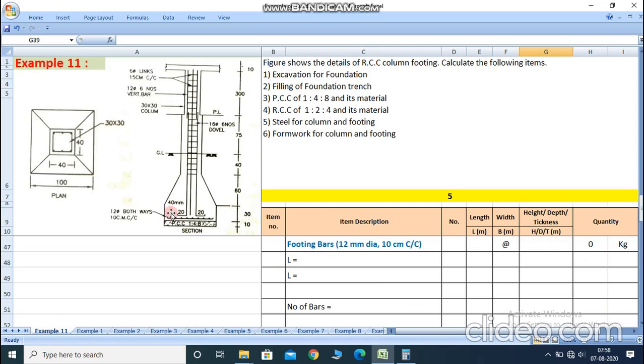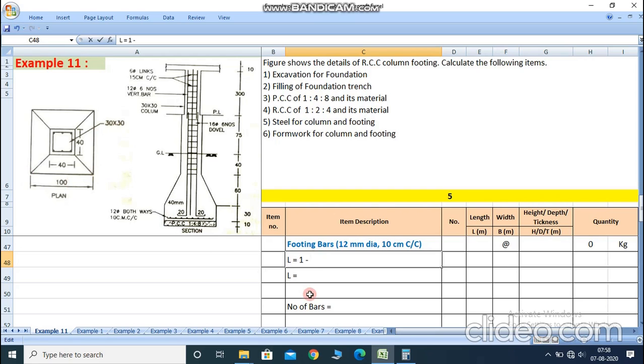So for finding out the footing of the bar, first we calculate the length of the bar, and then after we calculate the number of the bars. So for finding out the length of the bar, here 100 centimeter by 100 centimeter dimension of the footing is given. So 100 means 1 meter by 1 meter.